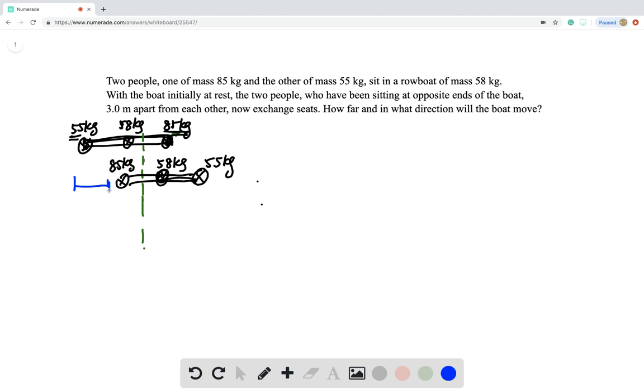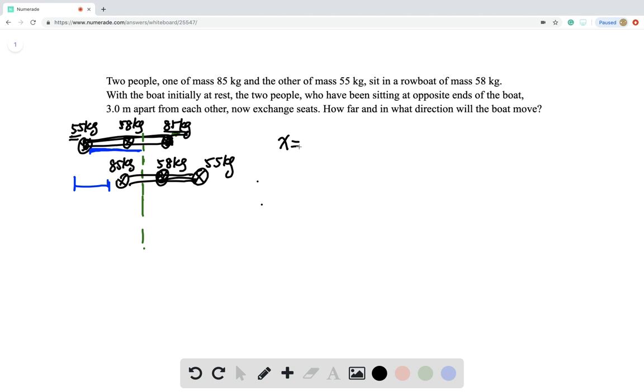Okay, so before we think about the second case, let's first look at the original case and figure out what this distance will be. And this can be done by just calculating the center of mass in the normal way.